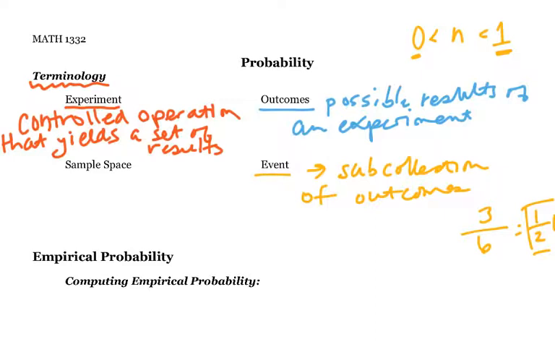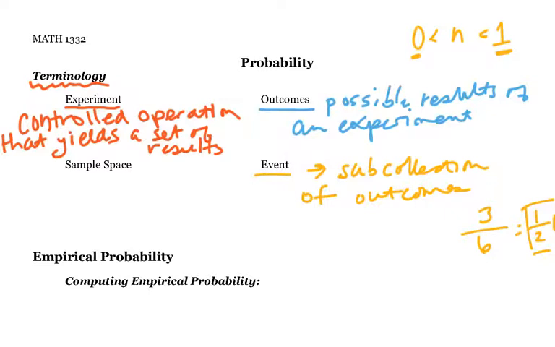Okay, so in this example, if I said, what are the odds of me rolling a 7 on a die? The odds of that happening are 0. We wouldn't say percent, we would just say that the probability of that happening is 0. If I asked, what's the probability of me rolling a 1, 2, 3, 4, 5, or 6?